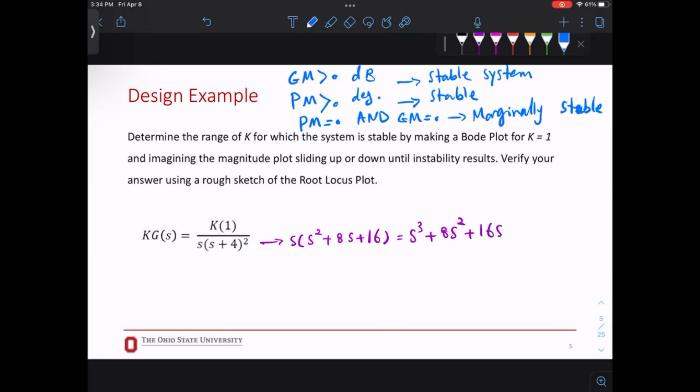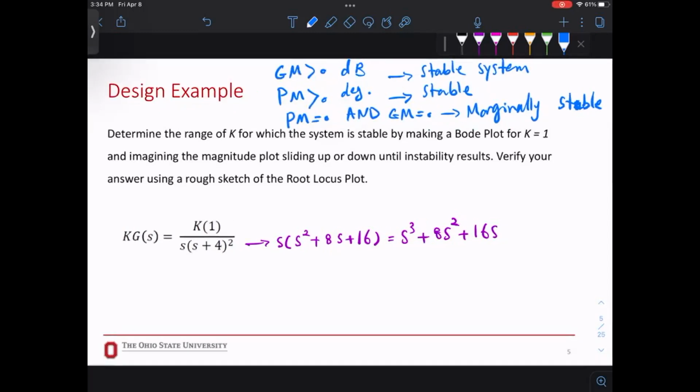So I talked to some of you about this, but I thought it would be good to talk to everyone. If you have a polynomial like the denominator and you are missing any power of S, so here we are missing S to the power of 0, that's the power of S that's missing from this polynomial. This system is going to be unstable for some compensators.